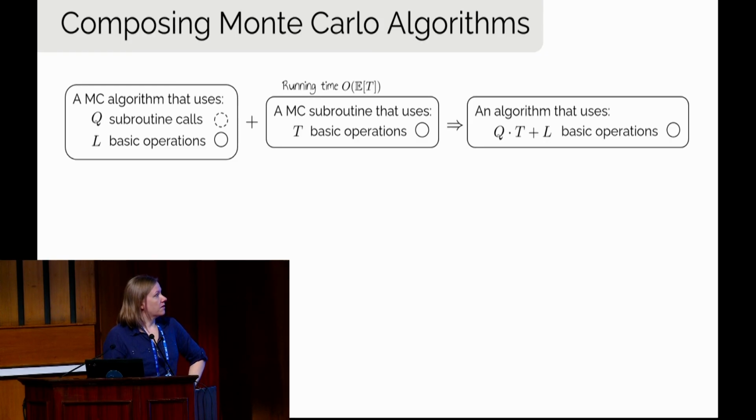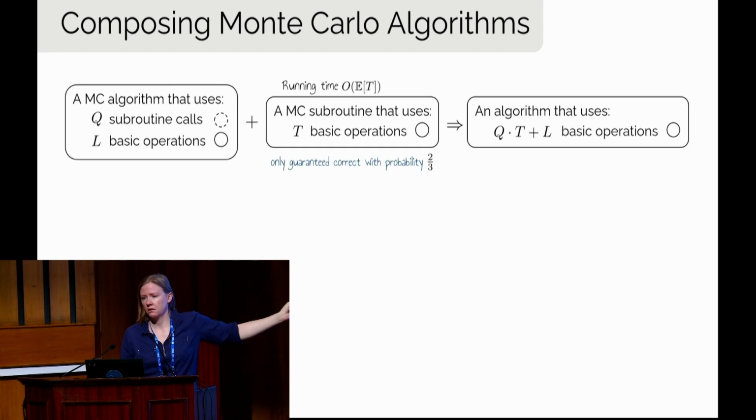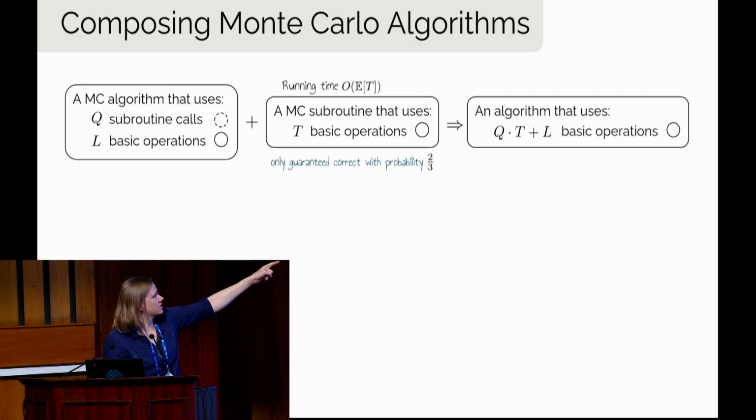The bigger difference is that these subroutines have error. So this is only guaranteed correct with probability 2/3. And this outer algorithm is also guaranteed correct with probability 2/3, but that's assuming we replace the subroutine calls with something perfect, something that does not have error. So generally, if one of the subroutine calls returns the wrong answer, we have no guarantee that the algorithm will be correct.